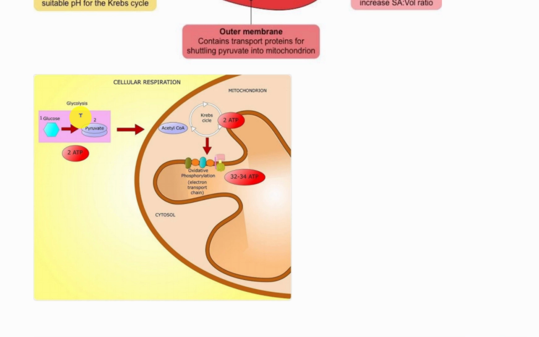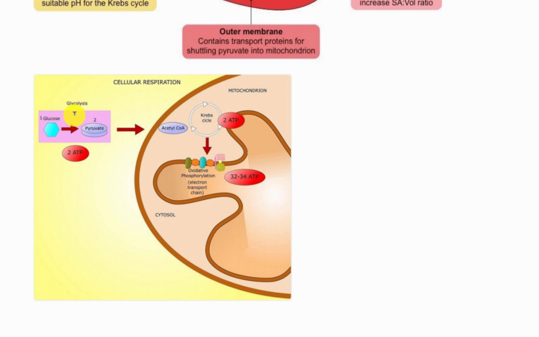But essentially in the cytoplasm, which is not necessarily labeled here, you have glucose, and glucose is broken down through a process called glycolysis. Glycolysis will happen whether you have mitochondria or not, or whether you have oxygen or not. It's not going to produce very much energy, only 2 ATP, but it's going to produce 2 molecules of pyruvate.